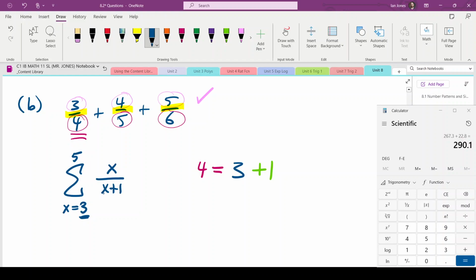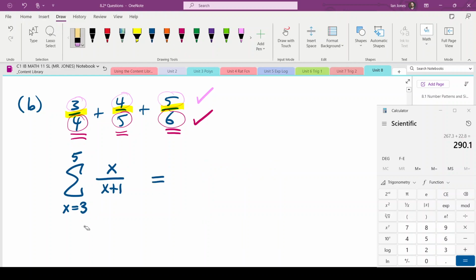If x is 3, I get 3 plus 1, that's 4. Then 3 goes up to 4. 4 plus 1 is 5. Perfect. Then x becomes a 5. 5 plus 1 is 6. Perfect. We've got this covered. Okay? And it's a very good idea, especially as you're practicing these, to try it out.